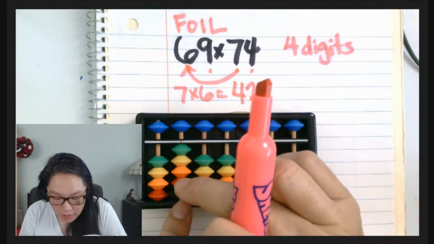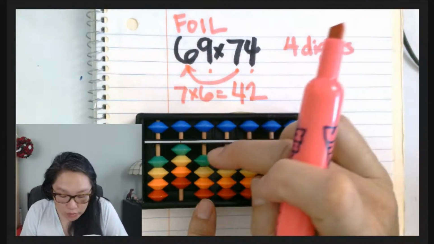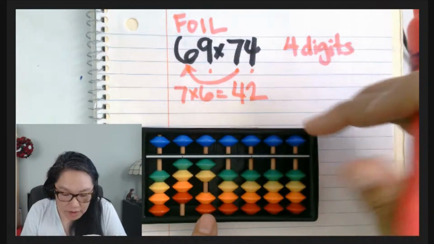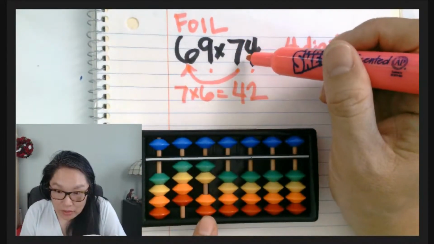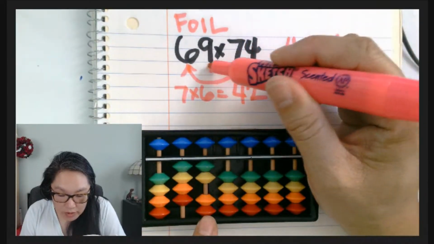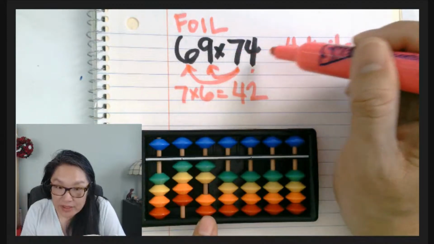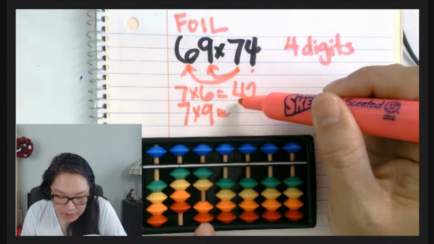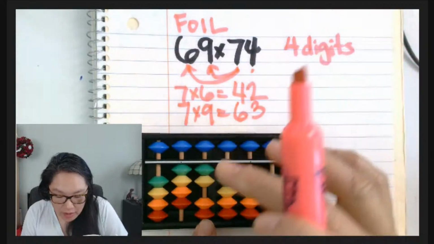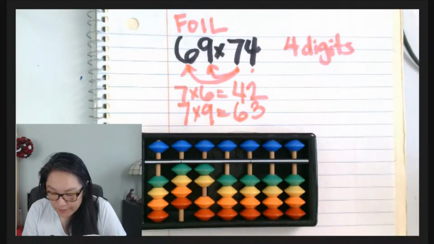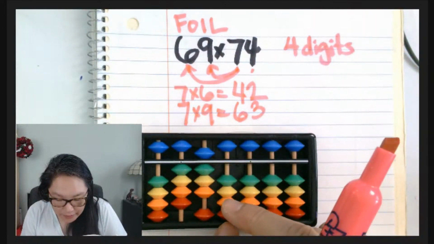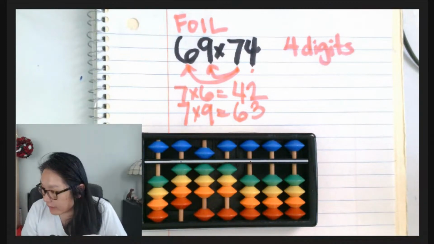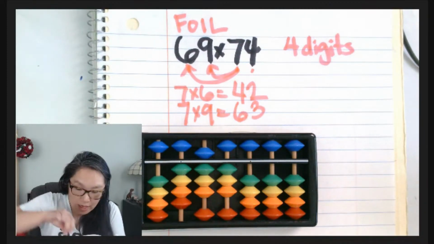So I add my 4 and then I add 2. We're not done yet. Thank you, Dean. The next one is 7 times 9. Remember, 7 times 9 is 63. So I add 6, and I add 3.